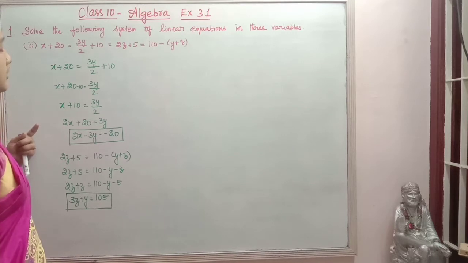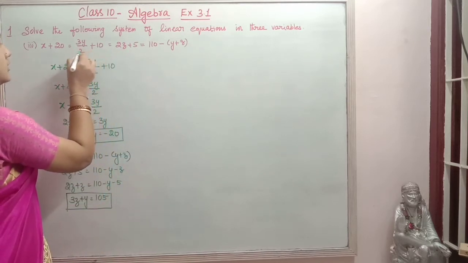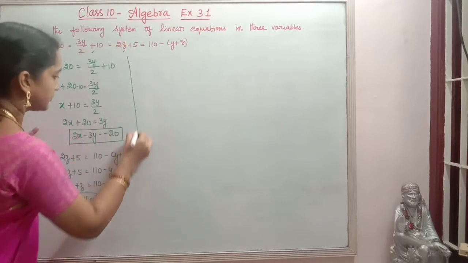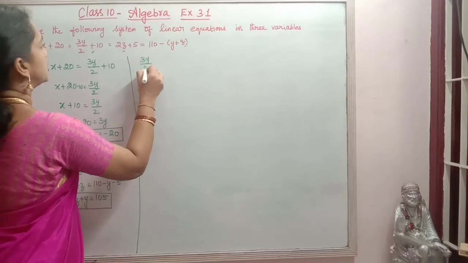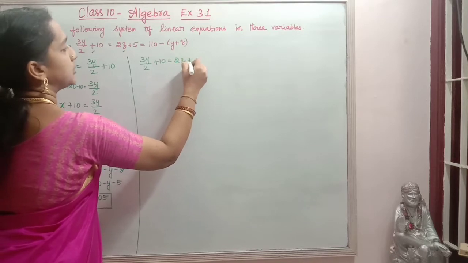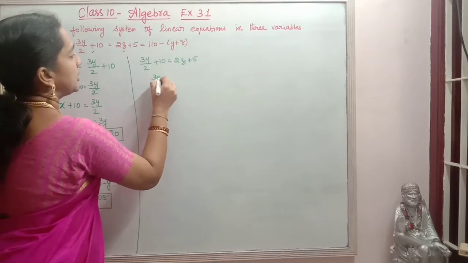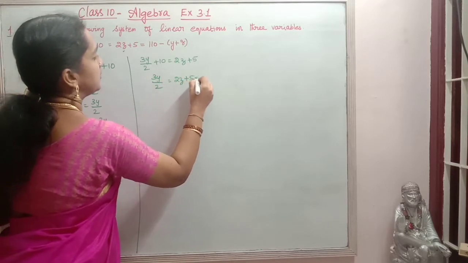Then now I will take the second and third expressions, this one and this one. So it will be 3y by 2 plus 10 is equal to 2z plus 5. So 3y by 2 is equal to 2z plus 5 minus 10.